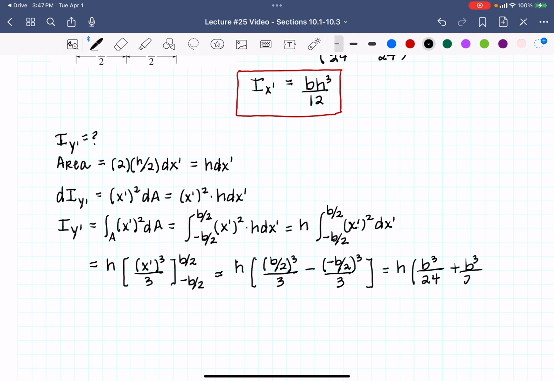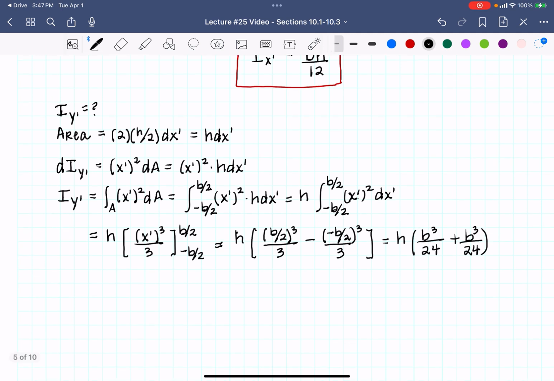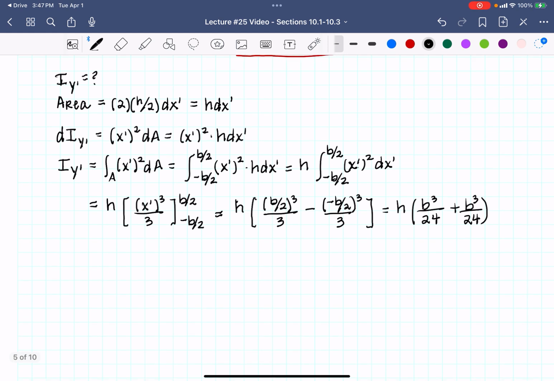So it looks a lot like I of x, it's just our variable, our numbers are swapped around. So I'm going to get that Iy' equals h b cubed over 12. Which again you can find in your tables.